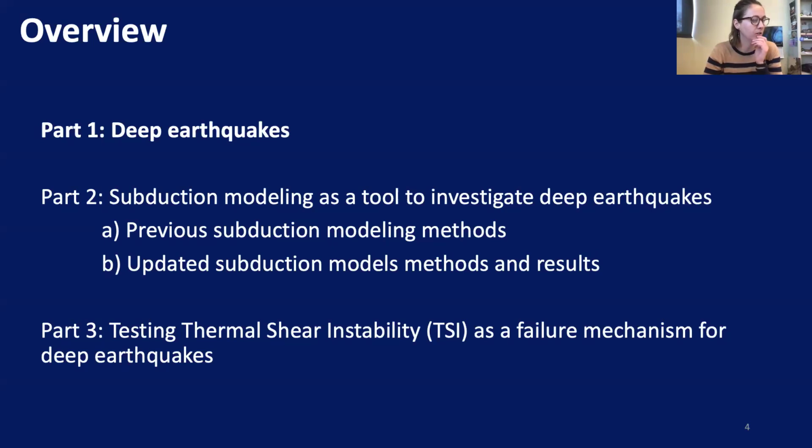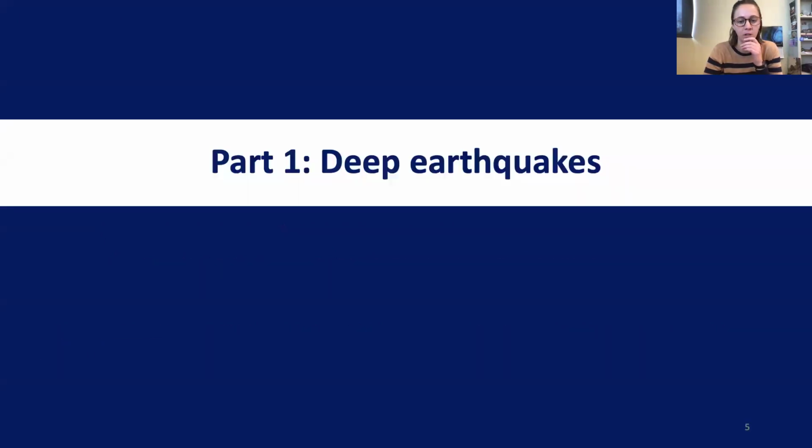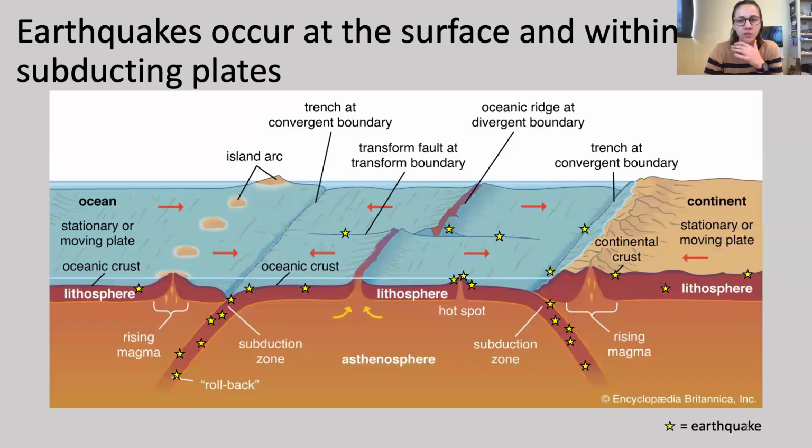So I'll jump right into the first part and talk a little bit about the background of deep earthquakes. This is just a very simplified cross-section showing general plate motions at the surface. The yellow cartoon stars indicate general earthquake locations we're familiar with. A lot of us are very familiar with the shallower ones in the lithosphere or near the megathrust of the subduction zone.